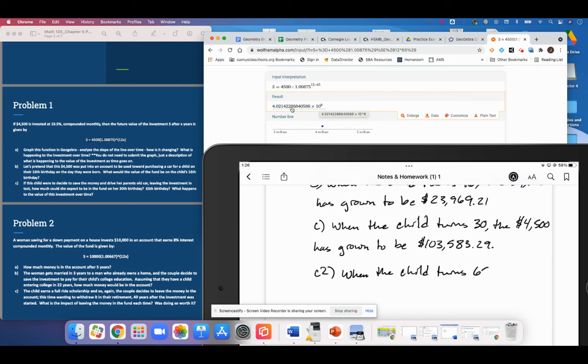So when the child turns 65, the $4,500 has grown to be $4,021,422.87.